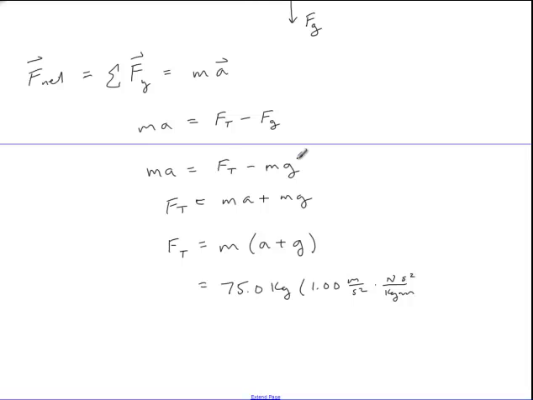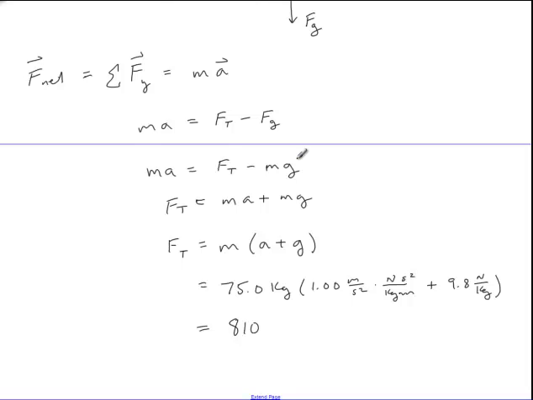Second squareds cancel, the meters cancel. We're left with newtons. Plus gravity, which is 9.8 newtons per kilogram. We know that. So that's going to be 75 times 10.8, and if you punch that into your calculator, you're going to come up with an answer of 810.